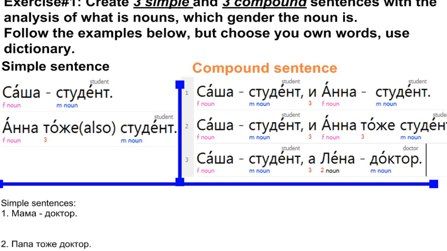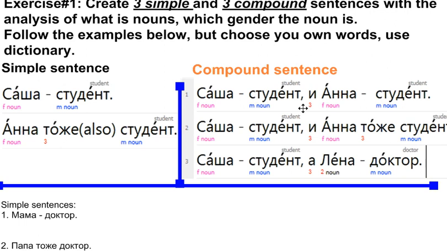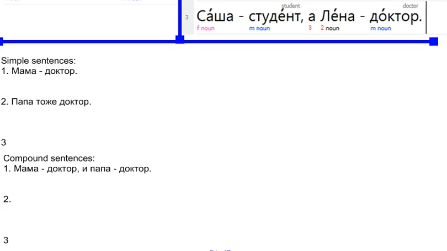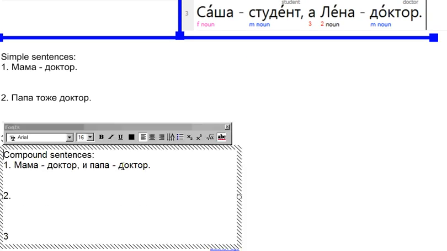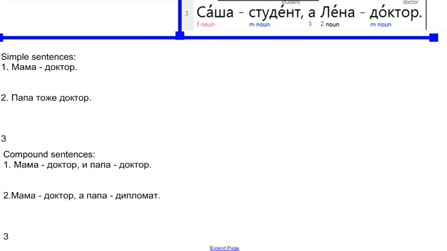So we followed these examples, and this is the first one. And if we would like to contrast and say that father is not a doctor, who can he be? Diplomat, for example. You can say: Мама доктор, а папа дипломат.